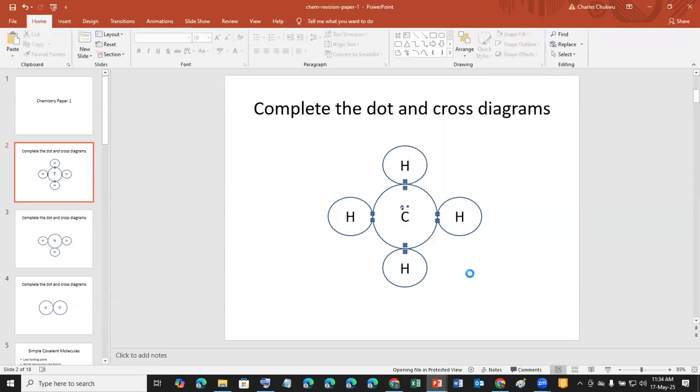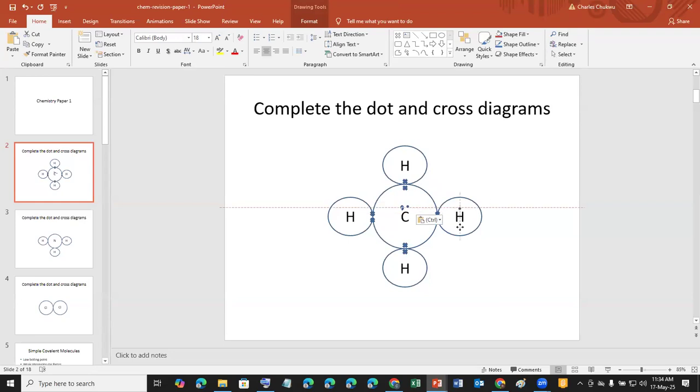When I need another one, I'll just paste and move that to hydrogen, do another paste, move that to hydrogen, and do another paste. Move that to this guy and do another paste and move that to this guy.